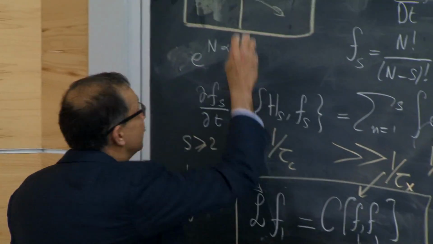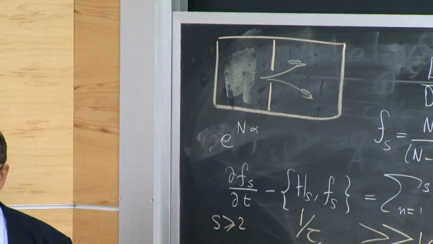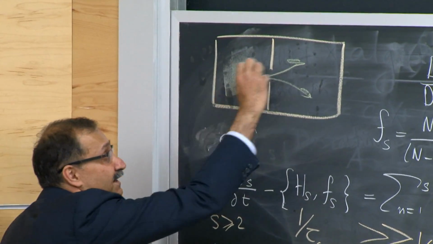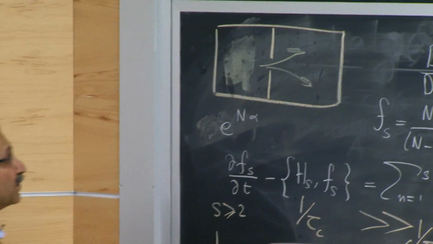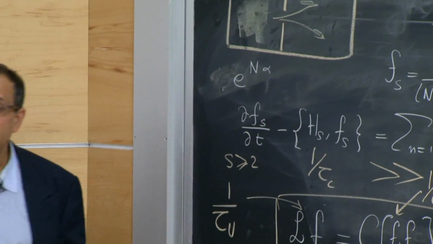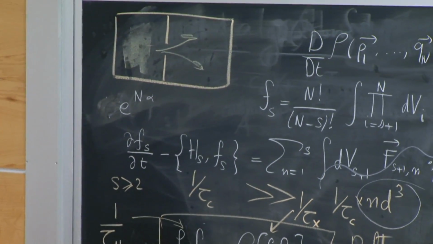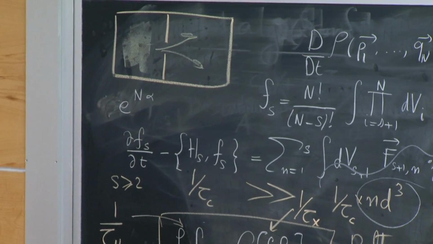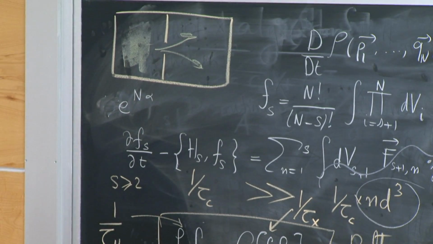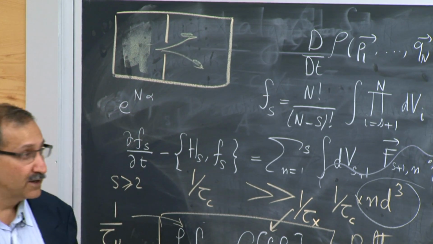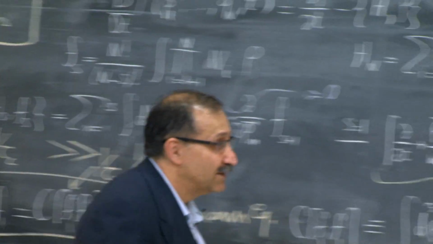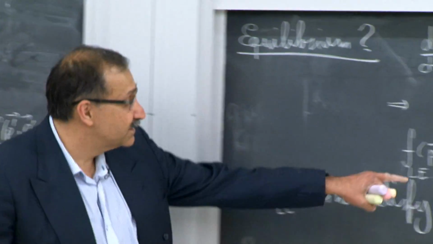I open this hole, the gas starts to stream out, and then the particles will collide with each other. The collision of particles over some time scale that is related to this collision time will randomize their momenta so that locally suddenly I have a solution such as this.